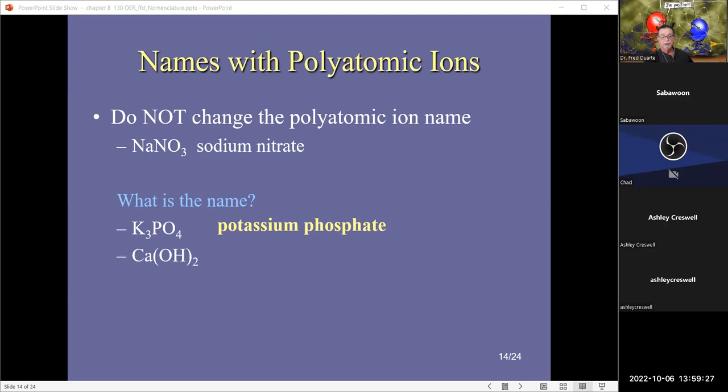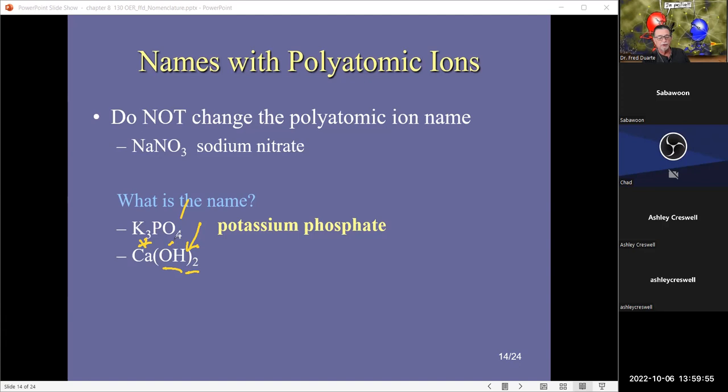Okay. All right. Well, what's flagging me here? The fact that I see parentheses flags you to polyatomic ions. Okay. And so OH. Furthermore, I know that calcium is a +2. That infers, since I've got 2 of these OHs, whatever they may be, each one must be a -1.